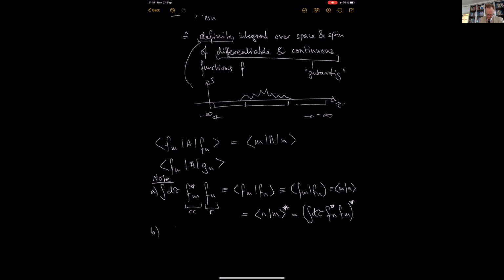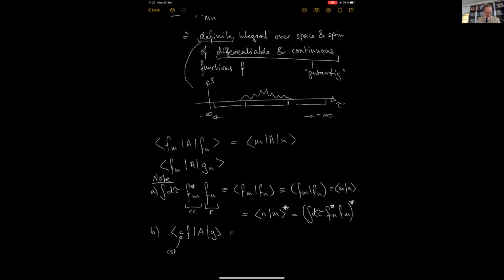Suppose you have some prefactor C, where this is just a constant, and that's in front of your F, and your operator, and then G. Well, the bracket denotes just an integral, and the constant can be pulled in front of the integral, but it's part of the complex conjugate function part.